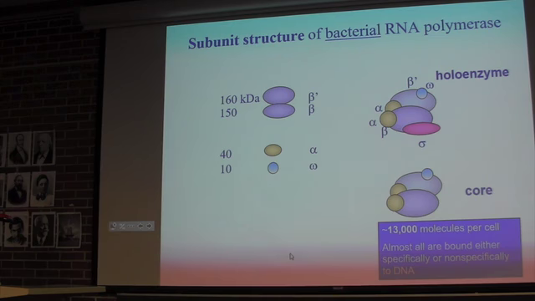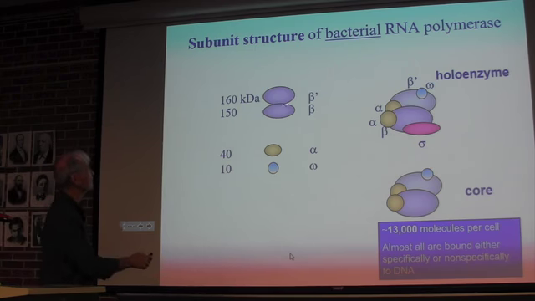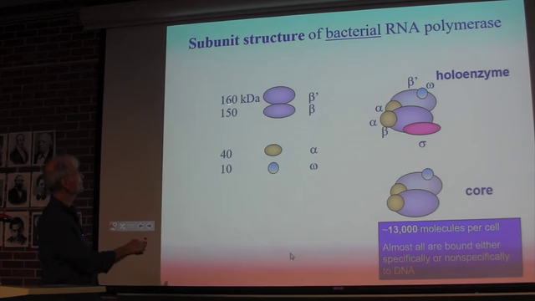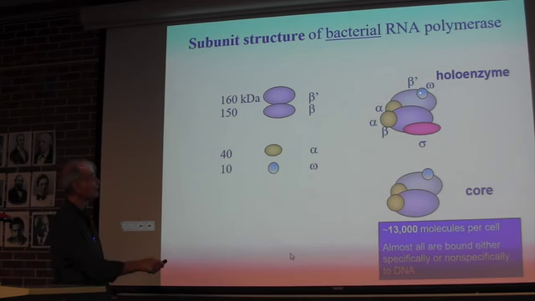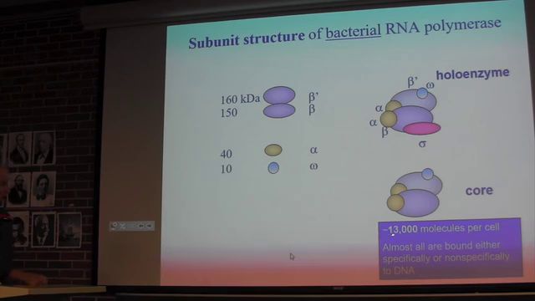Here you see the subunit structure of bacterial RNA polymerase, which is something that you pretty much know now, so let's look at it. The beta prime, of course, is the largest, and you have 2 alphas, and then 1 omega here to form a core, 13,000 molecules per cell.